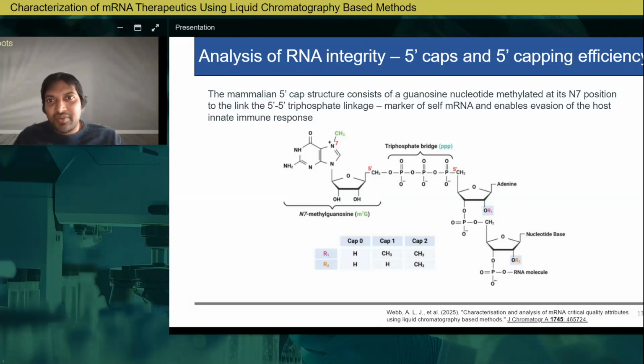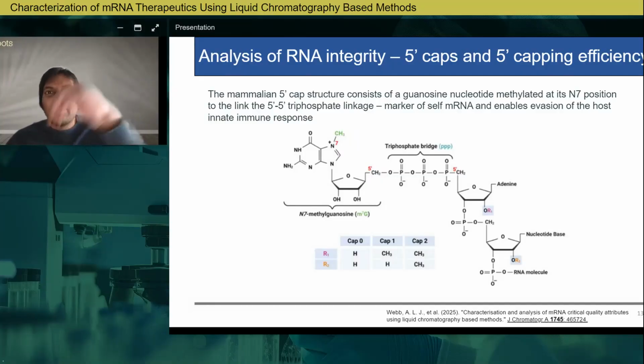So if the R1 region has the methyl, it's called cap 1, and if the R2 has it too, it's called cap 2. Because you have a methyl at the R1 region and the R2 region also has a methyl, it's cap 2. That's what they call it.